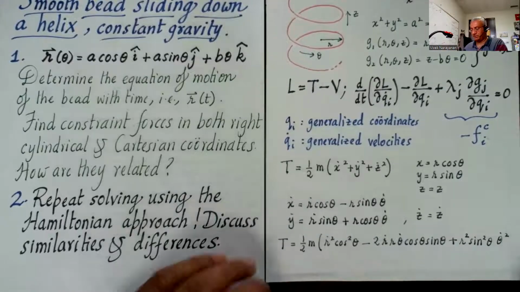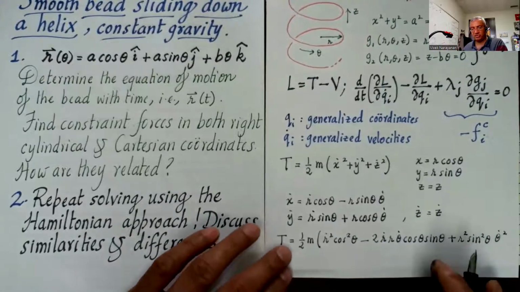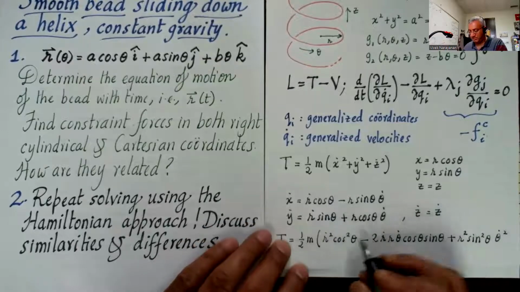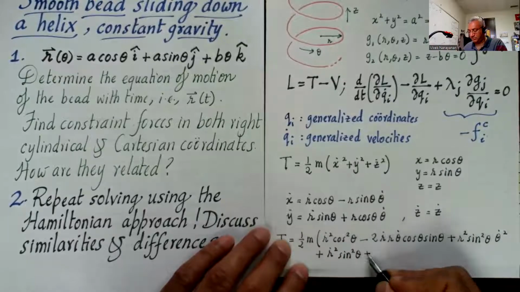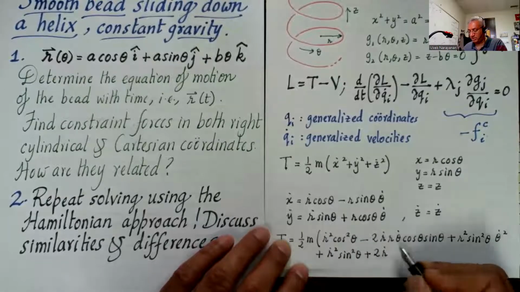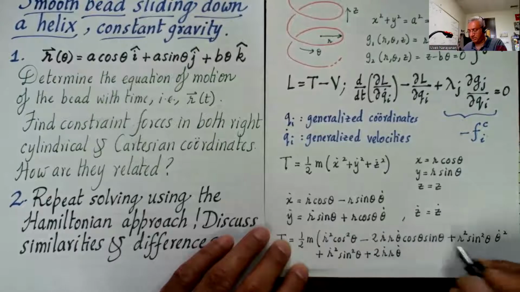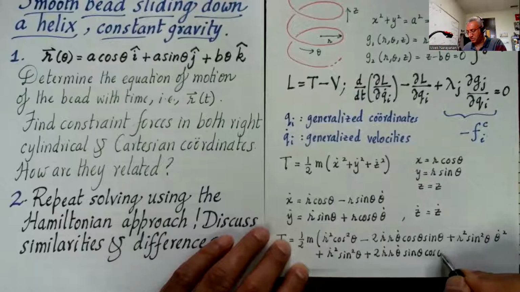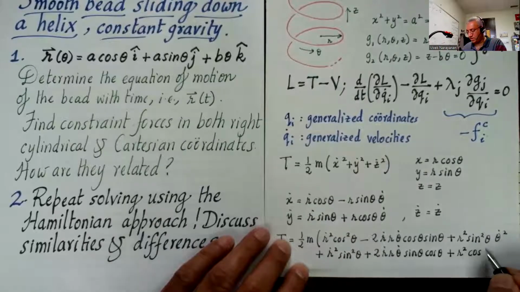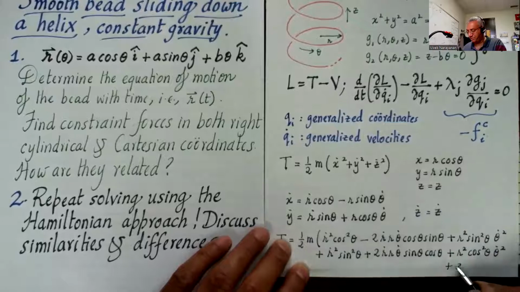Okay, that's just using the a plus b whole squared formula. And then likewise, I do the same thing here. So I get r dot squared sine squared theta plus 2 r dot r theta dot sine theta cosine theta plus r squared cosine squared theta theta dot squared. And then the last term is z dot squared, which stays as it is.